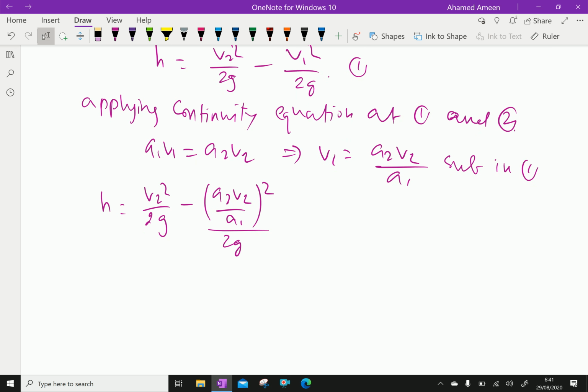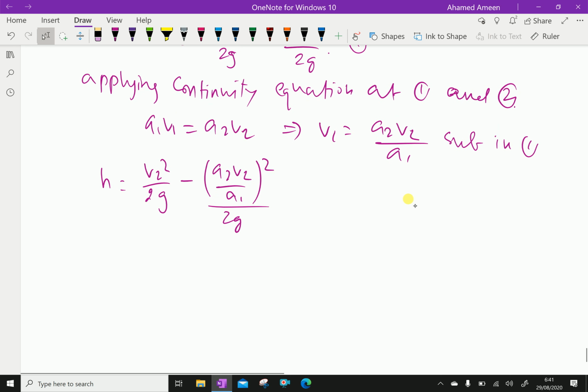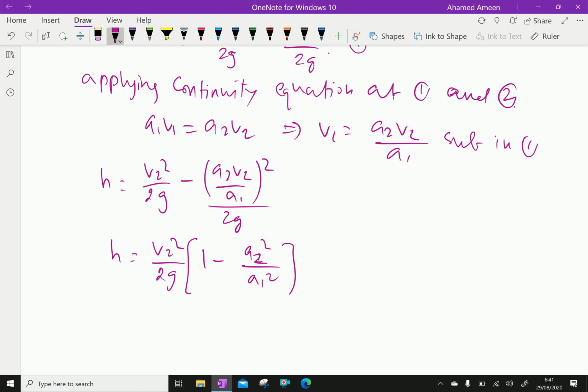Therefore H equals V2 squared by 2g common, 1 minus A2 squared by A1 squared, which further equals V2 squared by 2g times A1 squared minus A2 squared by A1 squared.